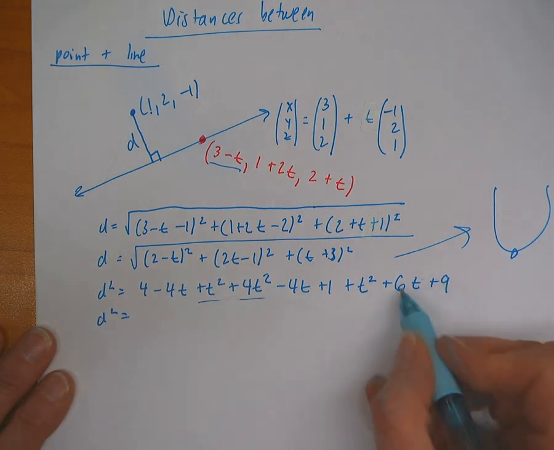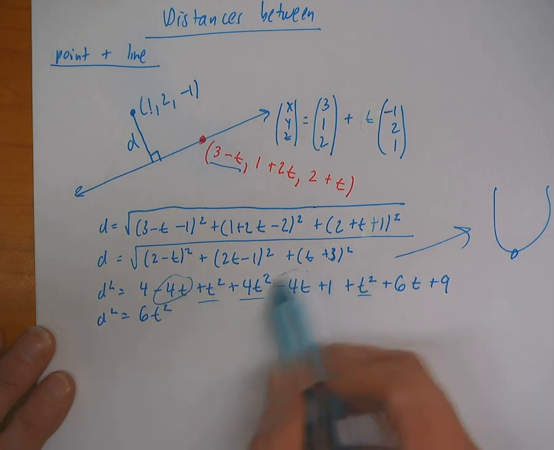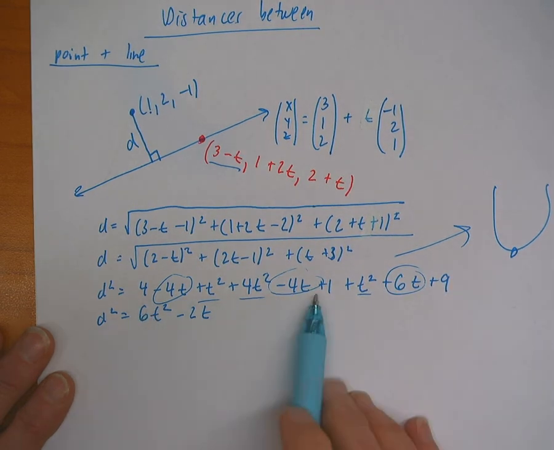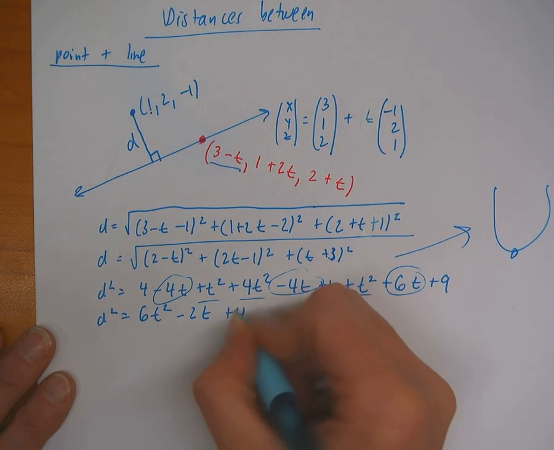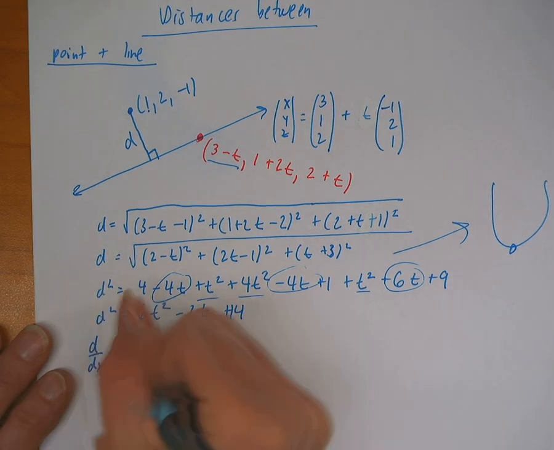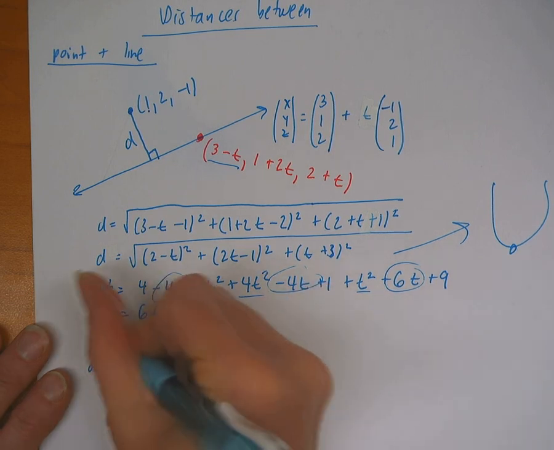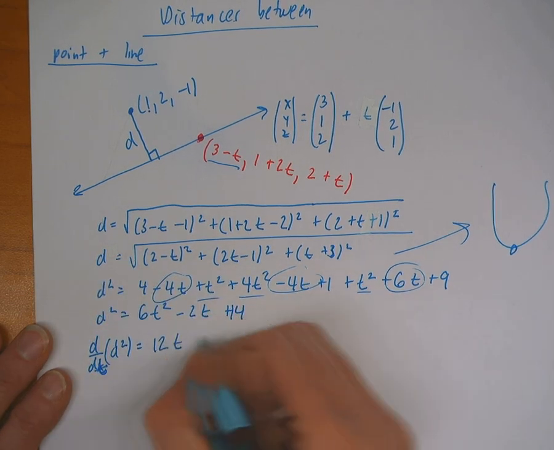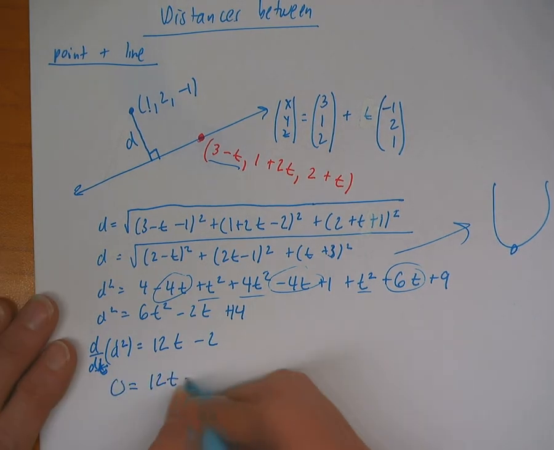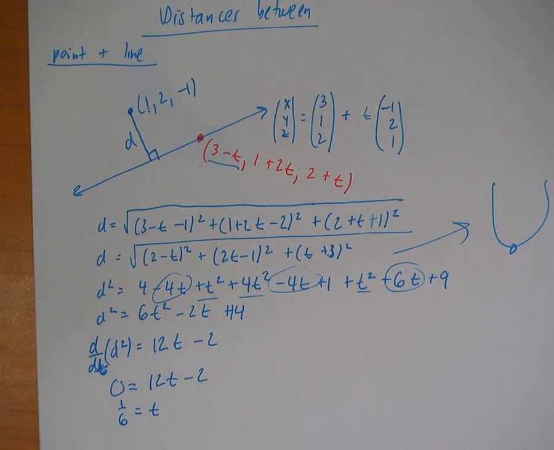I have a t squared, a 4t squared, and a t squared, so 6t squared, negative 4t and 6t, so plus 2t, and then 4 plus 1 plus 9, so 14. So I'm going to take the derivative of that with respect to t of d squared. I'll get 12t plus 2, and I want to know where that is equal to 0. Subtract the 2, divide by 12, I get t equals negative 1/6.